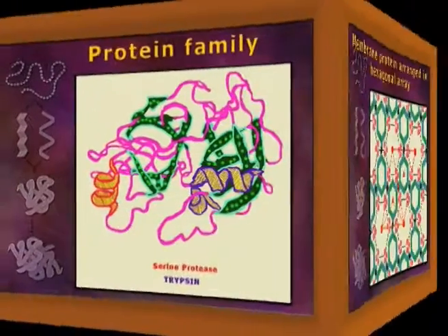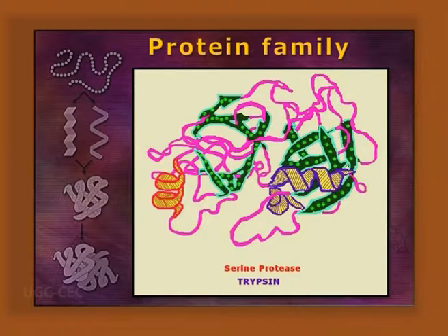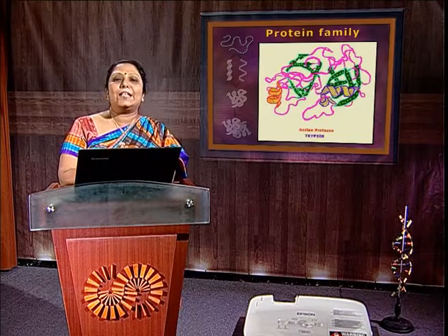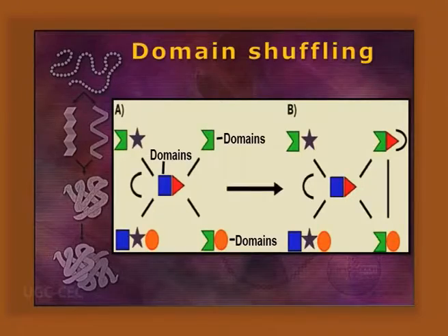As we know, in the protein family of serine proteases like trypsin and chymotrypsin, there is a small signature sequence which relates the homologies of the protein, close relatives according to structure as well as function. Domain shuffling, shuffling of blocks of protein sequence or structure, can also be possible according to evolution.